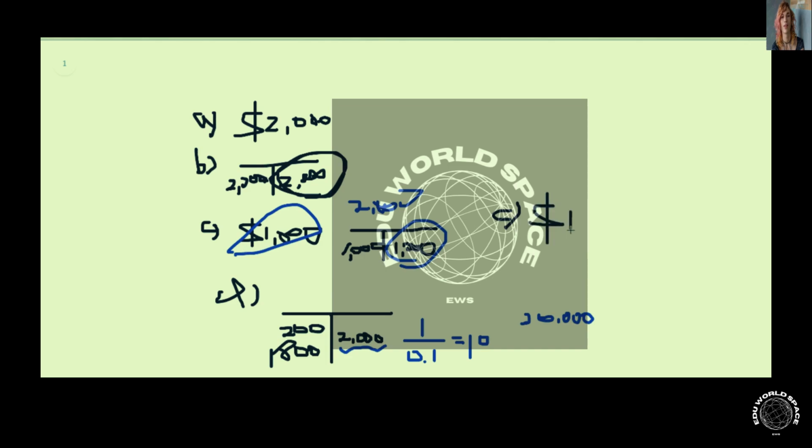But on the other hand, the deposit injected into the economy will be multiplied by 10, which is the money multiplier. So this number multiplied by 10 is 10,000. So the total quantity of money is going to be the sum of these two, which is $11,000.